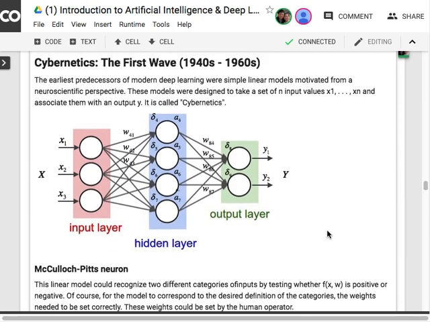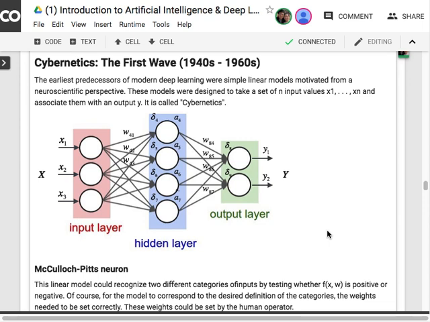The cybernetics, the first wave of neural networks, began in the 1940s. The earliest predecessor of modern deep learning is the simple linear model, motivated by brain cells, from neuroscience.